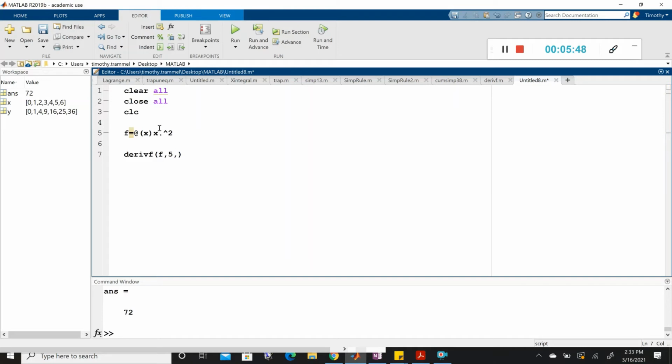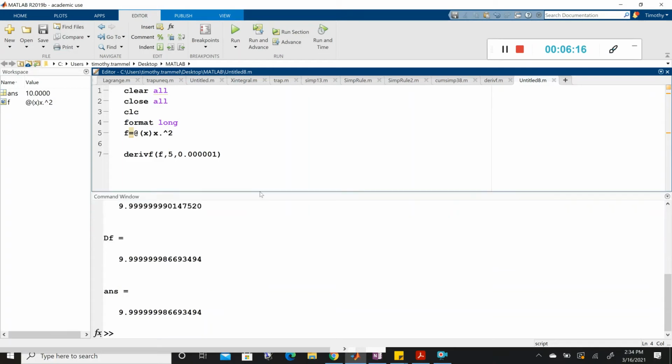We also need to specify an h. How small do we want h to be? Let's pick something small here. But let's think about what we expect this to be. Well, the derivative would be 2x, and if you replaced x with 5, that'd give you 10. So hopefully this will give us something close to 10. And it is. Let's look at it under format long, because under format short, it looks exactly right.